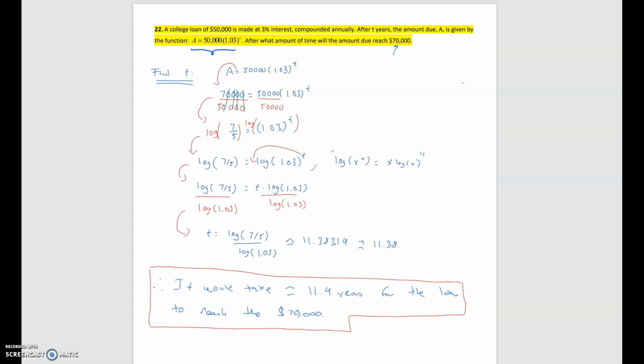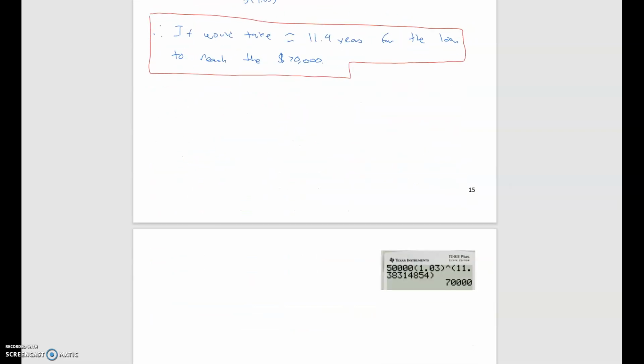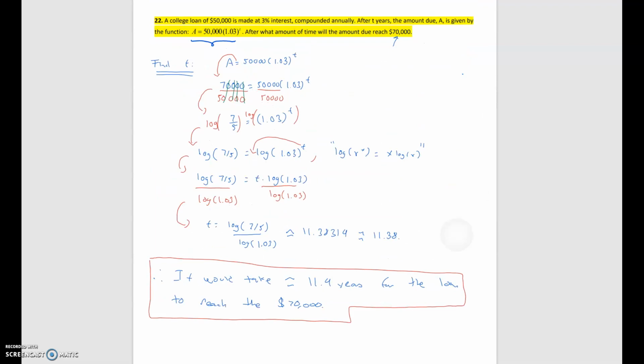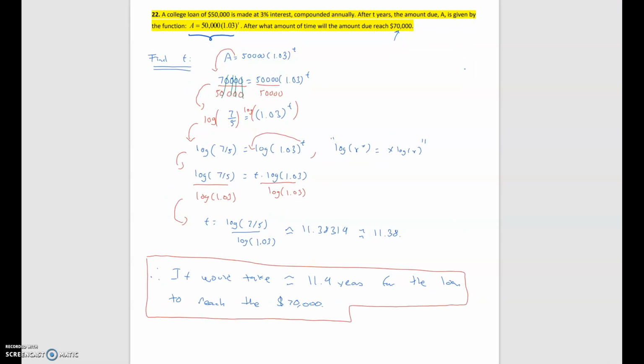Technically, it's too large for Desmos, but what I did here is evaluate it so that you could see that your function A, evaluated at the 11.38 and all the decimals the calculator displays, will give you the 70,000. I do expect that you will solve this type of problem algebraically though. That's actually it for problem 22.